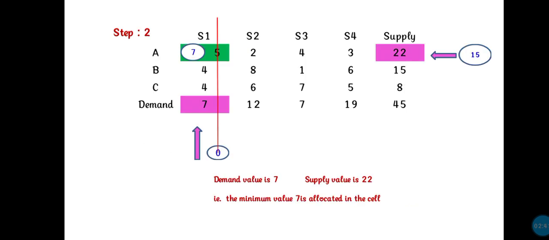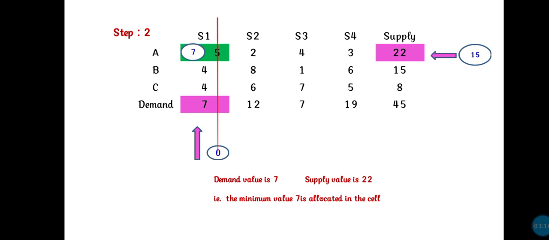Now let us apply the northwest corner method to the given problem. The northwest corner rule is that we have to allocate the value in the first left top corner cell. Here we are going to allocate the minimum value in the first left top corner cell.